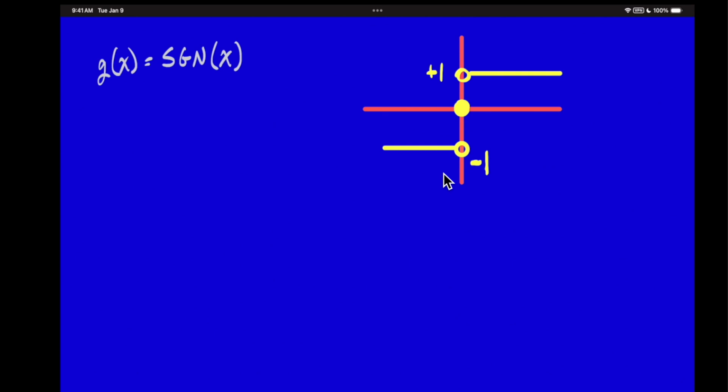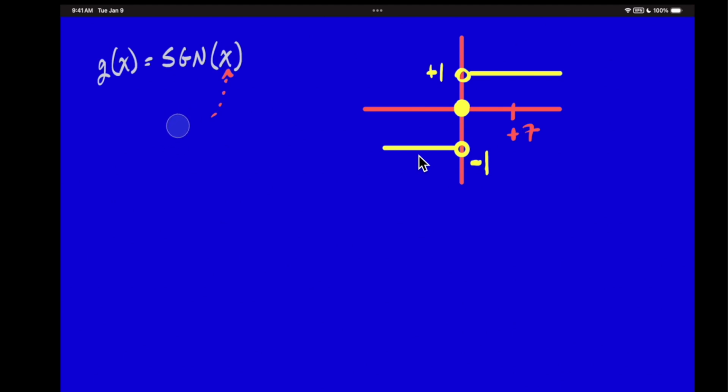Specifically, if you input an x value that is positive, let's say you input positive 7 into that function, then the result is going to be positive 1. Here you see an input of positive 7, and you go to the graph, and the y value is positive 1.